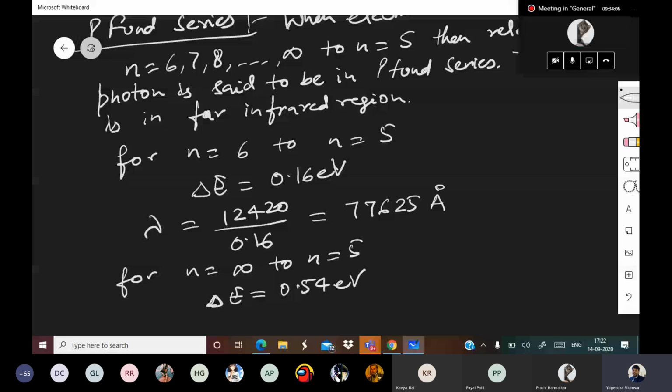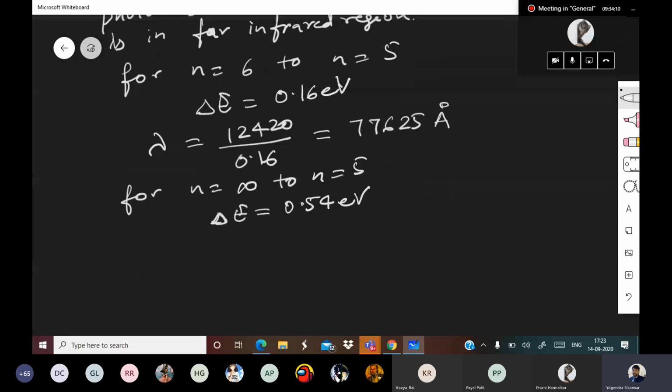So lambda will be 12420 upon 0.54, and that comes out to be 23,000 angstrom.